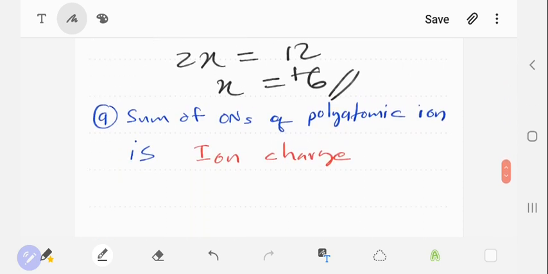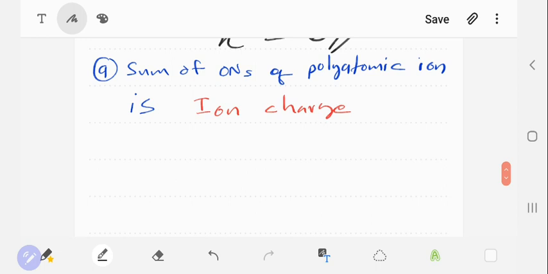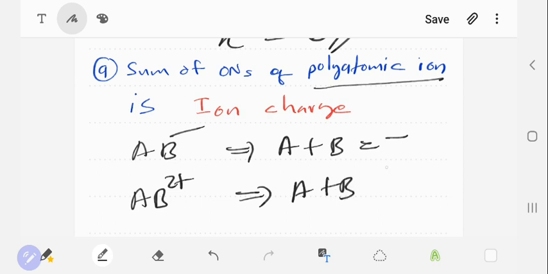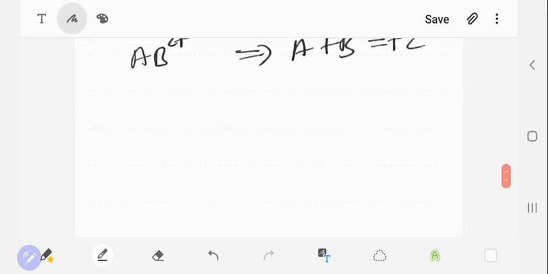Next, this is the last rule: the sum of the oxidation numbers of a polyatomic ion equals the ion charge. If we take AB minus, A plus B equals -1. If AB is 2+, A plus B equals +2. Now take Cr2O7 2-. What is the oxidation number of chromium?